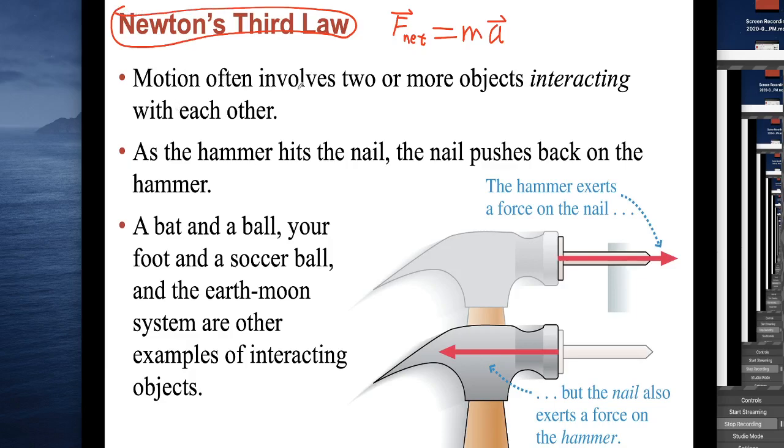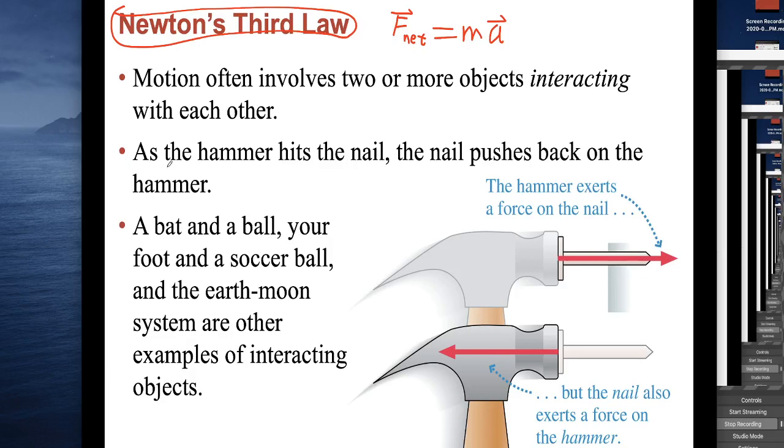Motion often involves two or more objects interacting with each other. As the hammer hits the nail, the nail pushes back on the hammer. This is a very common phenomenon. This is very common in any other type of forces.